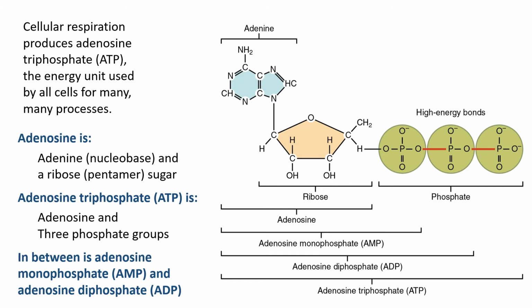And generally, when we use the energy from ATP, what we end up with, apart from energy, is ADP and a free phosphate. And the energy is all in breaking those bonds.